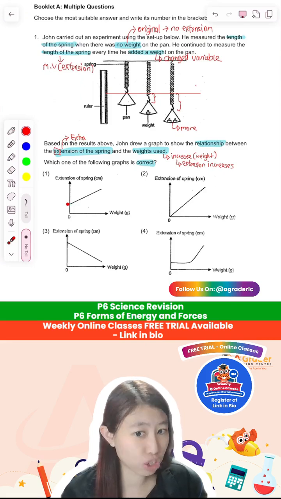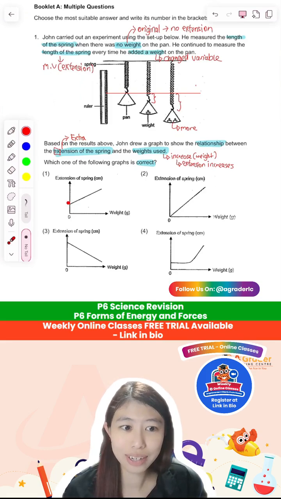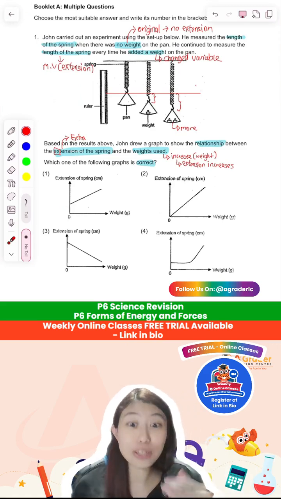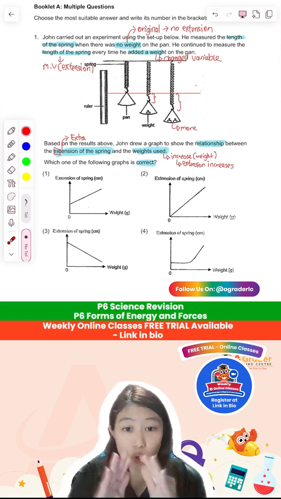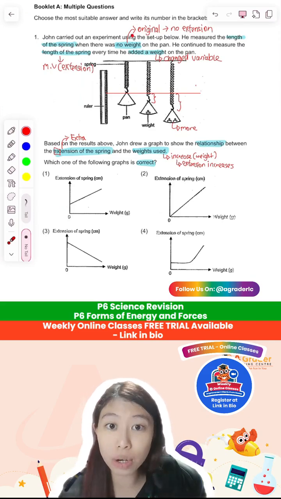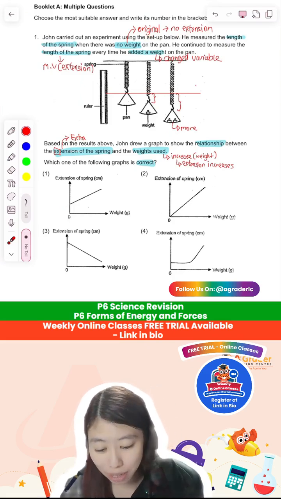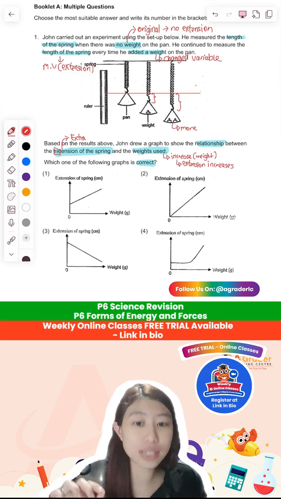Should there be any extension when you never put anything onto the pen? A lot of you say no. Very good. Those of you who say no, you are correct. There shouldn't be any extra length. It should be at its original length. Original length means no extension, which means that it is supposed to start from 0.